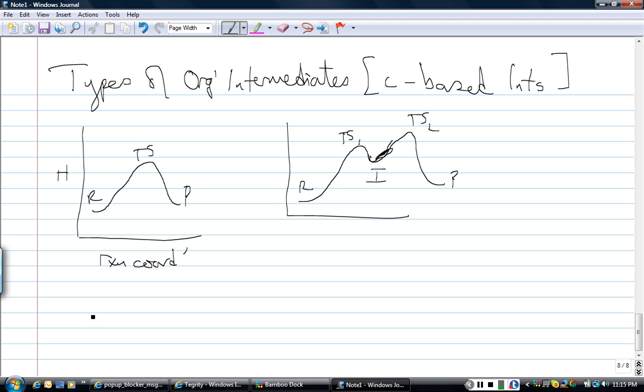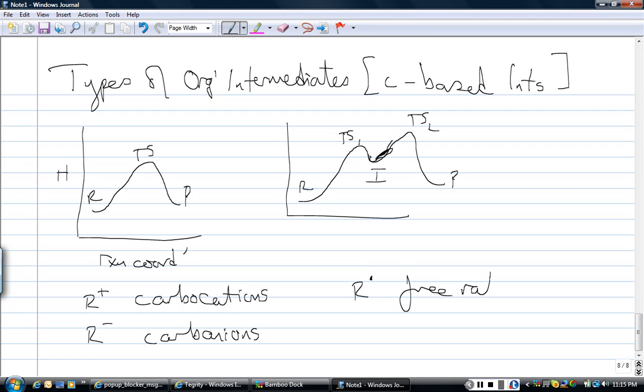Well, the carbon-based intermediates are of 3 types. They are R+, which are called carbocations. They are R-, which are called carbanions. And they are R dot, which are called free radicals.